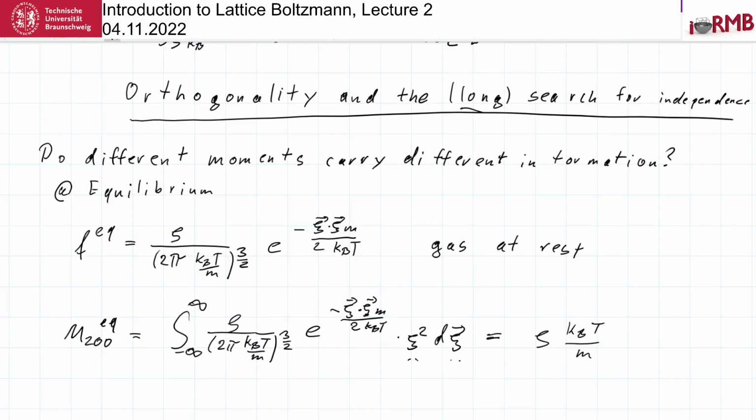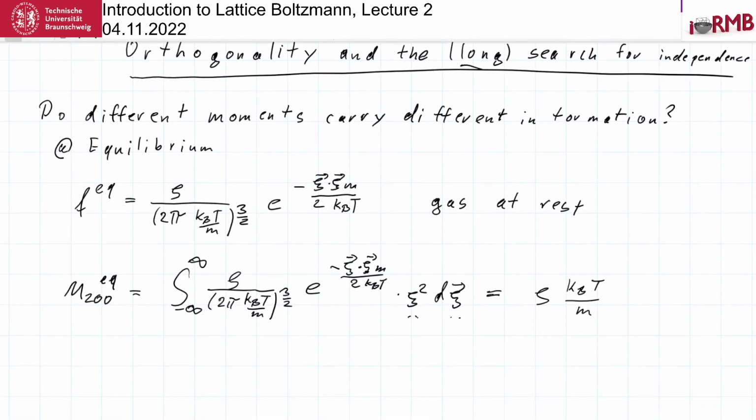As we would expect, it is basically some constants that we have to scale out times the temperature. So the second moment is supposed to be related to the temperature. Now let's look at, for example, the fourth moment. I have to make sure that I get this right, because I often write these things wrong.